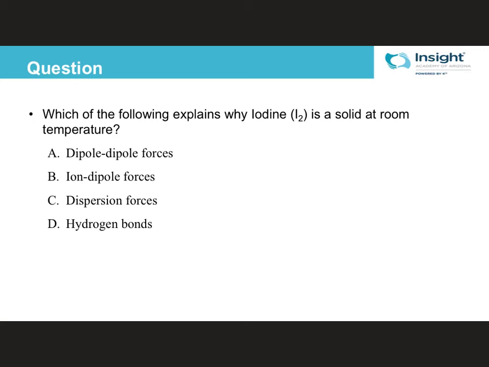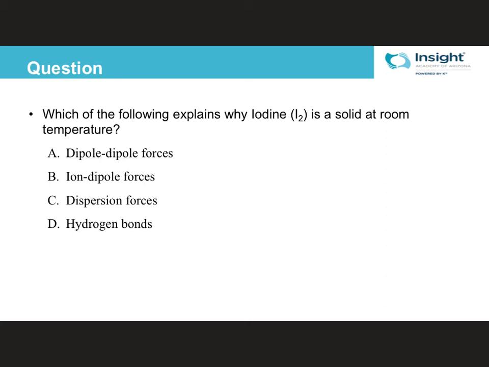Here's another sort of question you might see. Which of the following explains why iodine, I2, is a solid at room temperature? The key is that this question is asking which of these intermolecular forces applies to iodine.